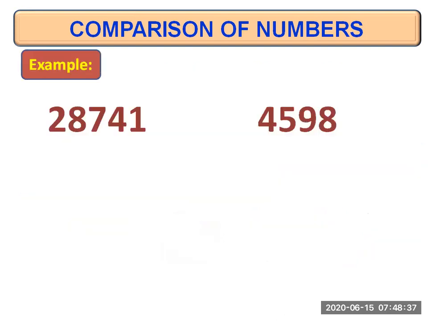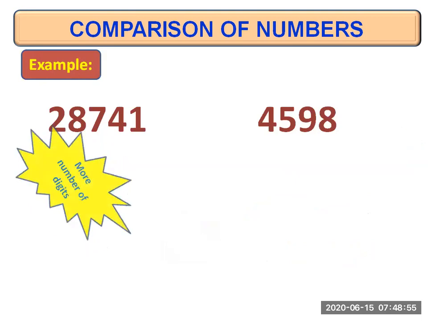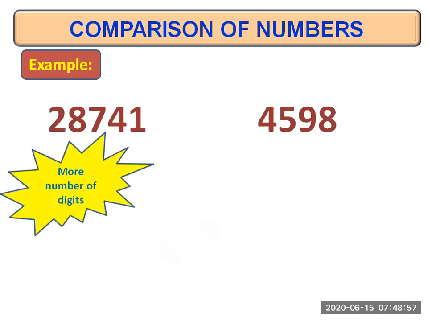Let's take another example. We have two numbers in front of us. The first number is 28,741, whereas the second number is 4,598. If we look at the number of digits in both the numbers, we see that the first number has more digits. Therefore, we just decide that the first number is the bigger one.